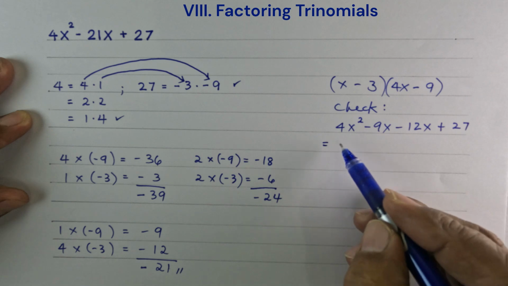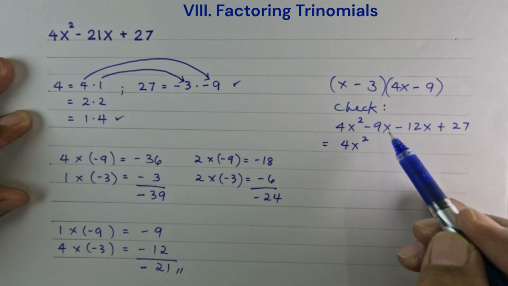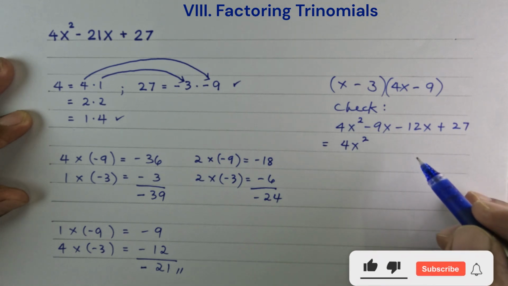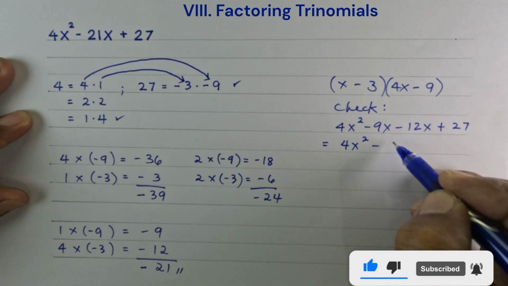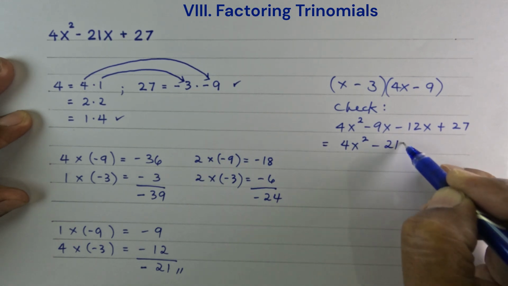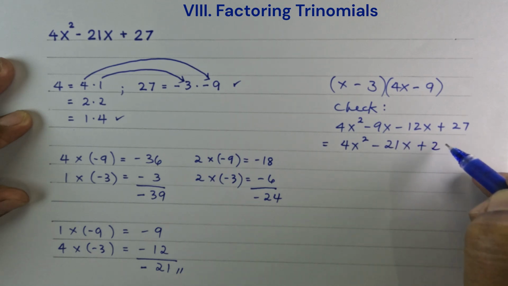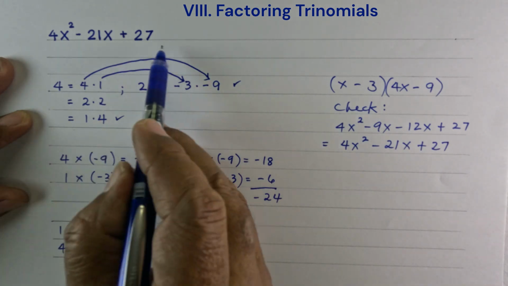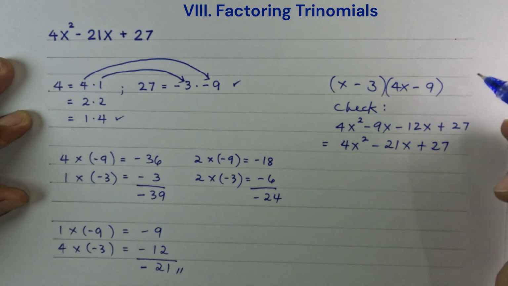So, simplifying, that's 4x squared, negative 9x, negative 12x is negative 21x, plus 27. So that's the same as the given quadratic trinomial. Therefore, this factoring is correct.